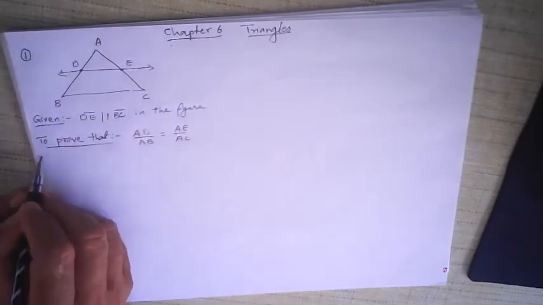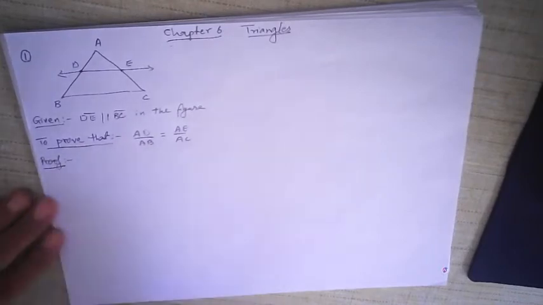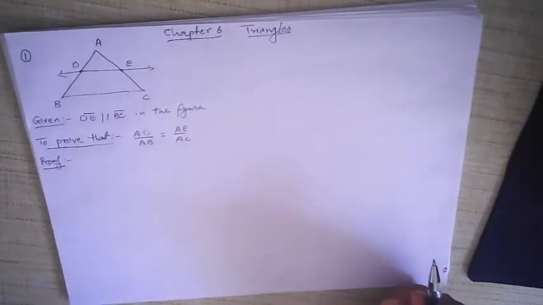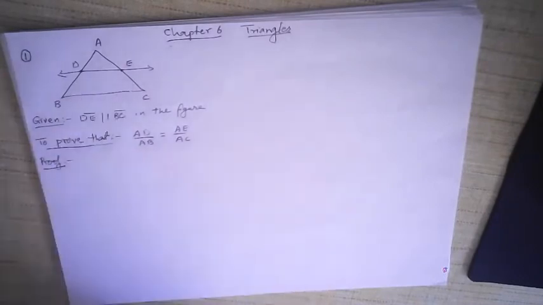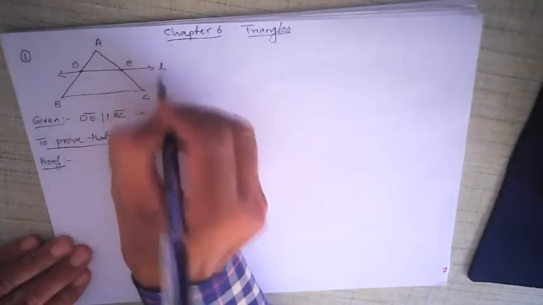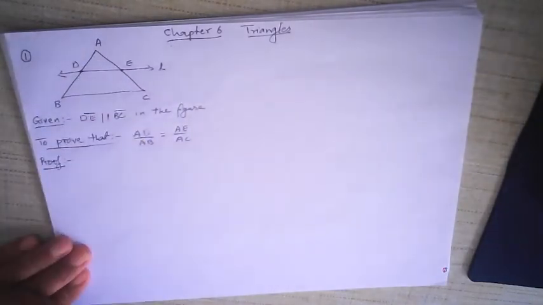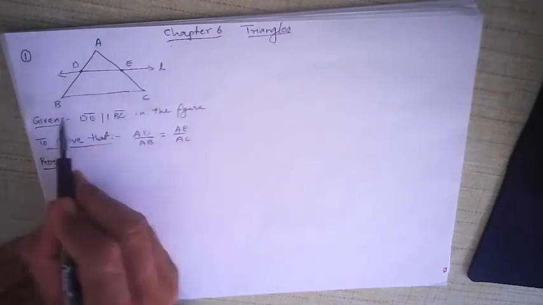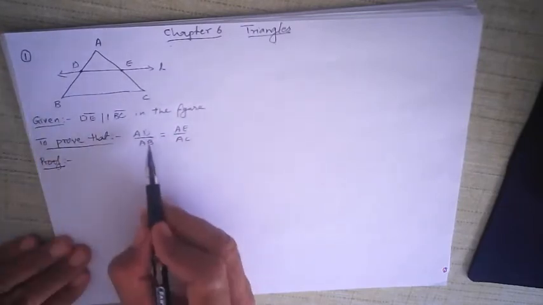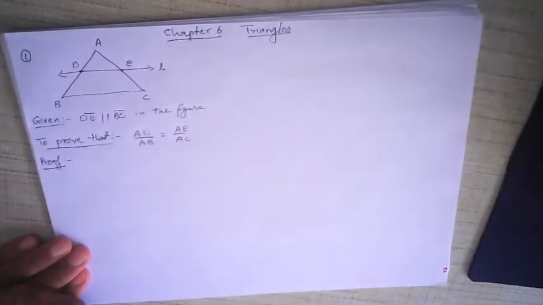Now we shall write the proof. A line L intersects sides AB and AC of triangle ABC in points D and E. Let us suppose this is your line L. It intersects AB in point D and AC in point E. So line L is line DE and it is parallel to BC. We want to prove that AD upon AB is equal to AE upon AC.